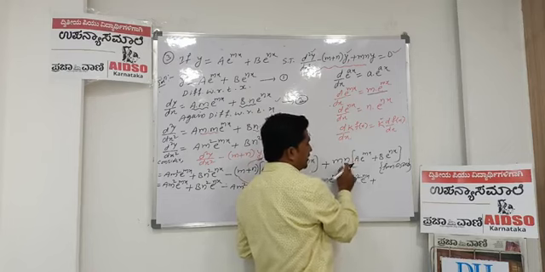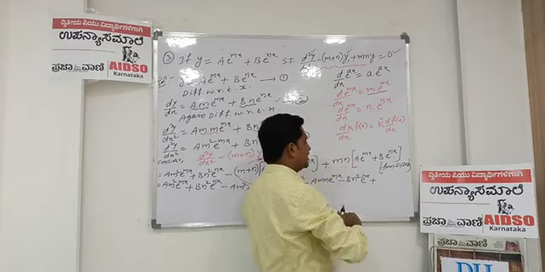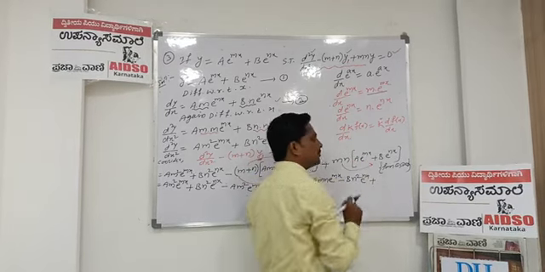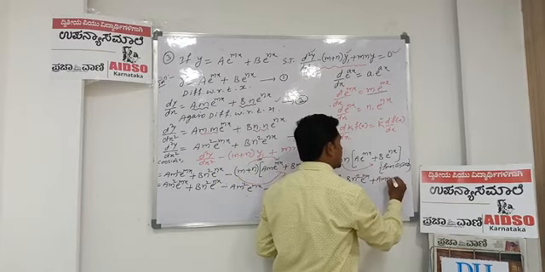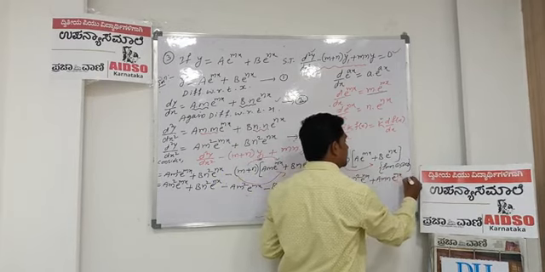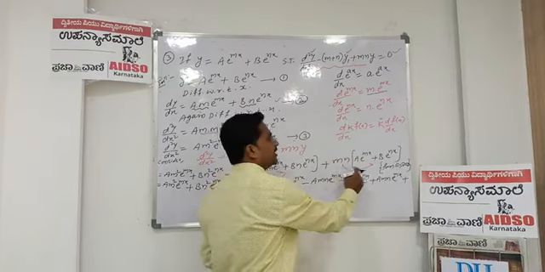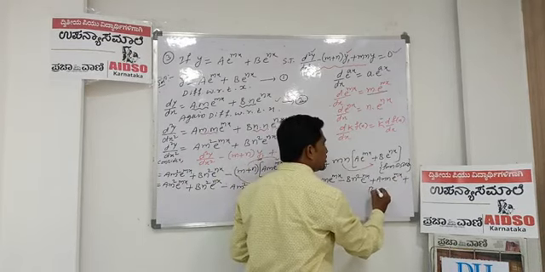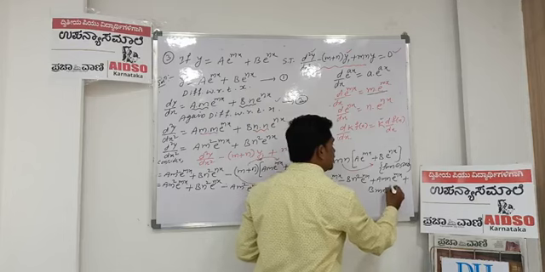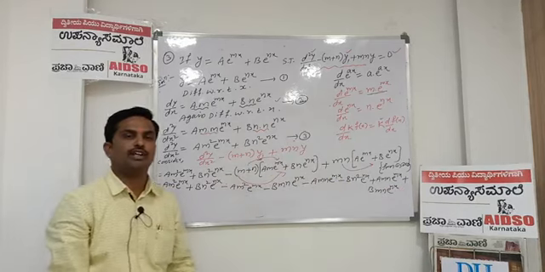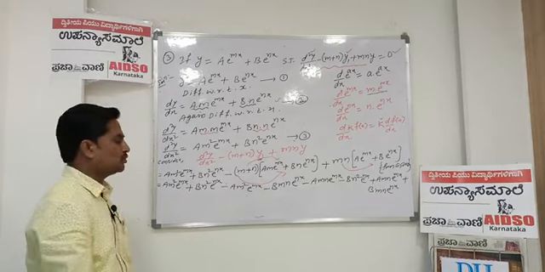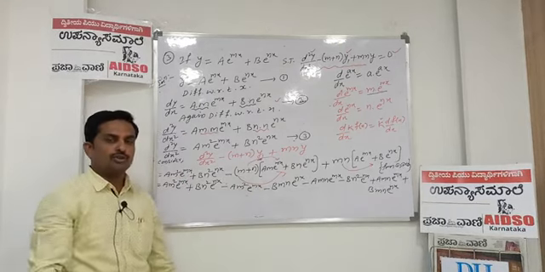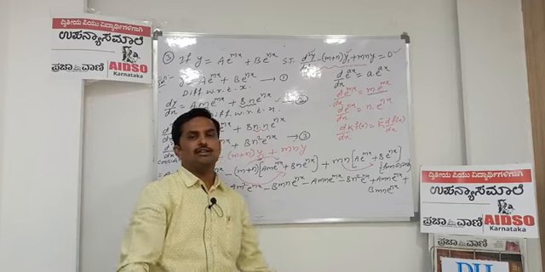Plus mn should be multiplied with the entire bracket, so it becomes amn e to the power mx plus mn into bn, which will be equal to bmn e to the power nx. This is how we have taken the multiplication. In this question, the main step we need to perform is this step. Once you perform this step, you will get the perfect result.